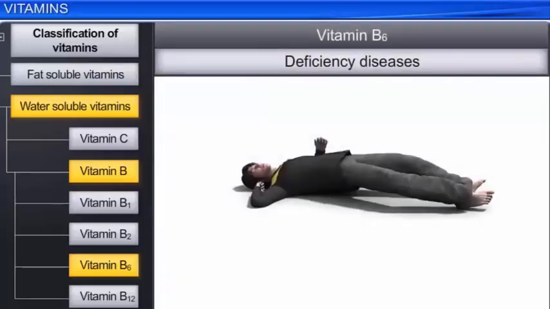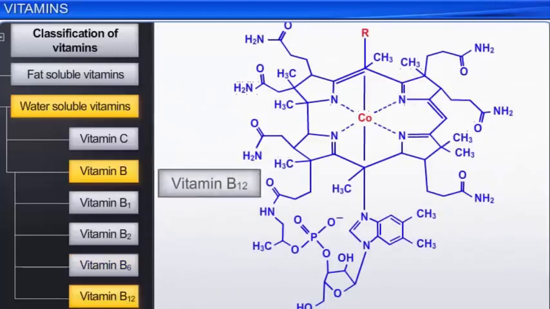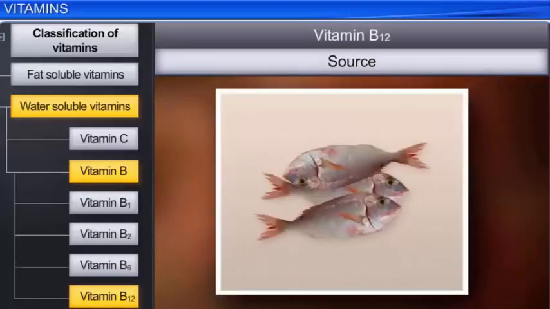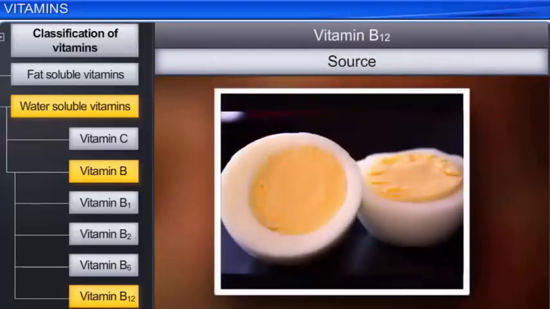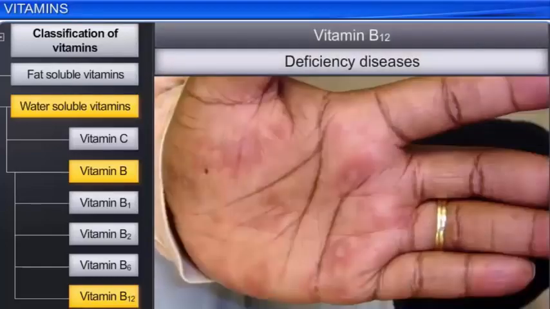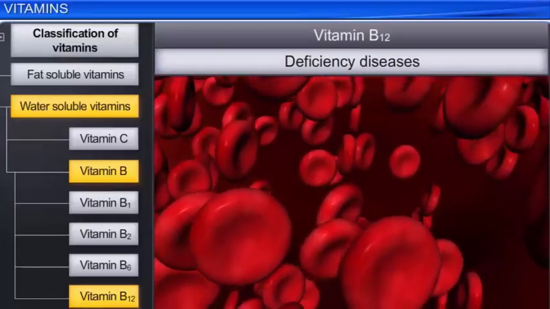Its deficiency causes convulsions. Vitamin B12, or cobalamin, is found in meat, fish, egg, and curd. Its deficiency leads to pernicious anemia, that is, RBC deficient in hemoglobin.